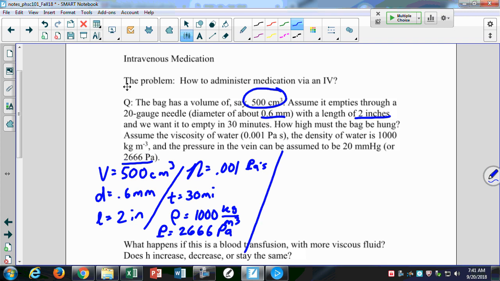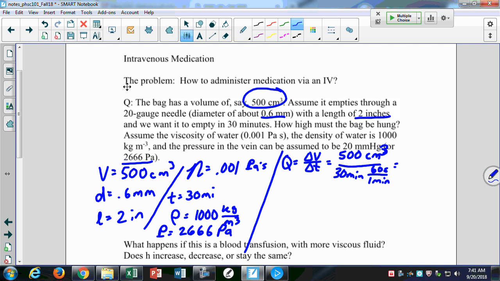All right, so I want my flow rate, Q, to be delta V over delta T. And that's going to be 500 cubic centimeters. A cubic centimeter is a cc, right? I've heard cc's before. That's what the C and the C stand for, cubic centimeters. 500 cubic centimeters over 30 minutes. But I want it to be in cubic centimeters per second, so I'm going to convert minutes to seconds.